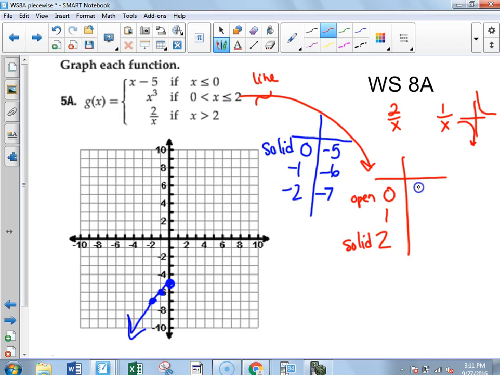Okay, what is 0 cubed? 0 cubed is 0, 1 cubed is 1, 2 cubed is 8. So there's our ordered pairs. It has an open circle at 0, 0, a solid circle at 1, 1, and a solid circle at 2, 8. And it is just that little bit of a curve right there.